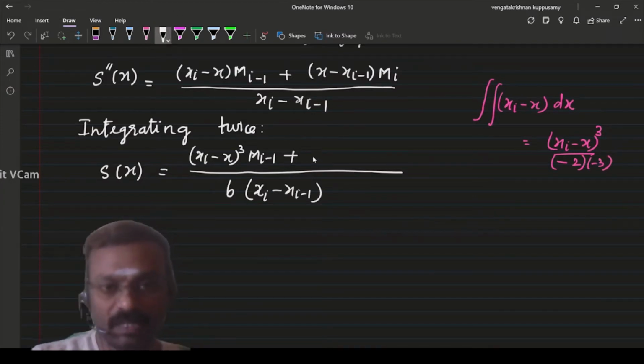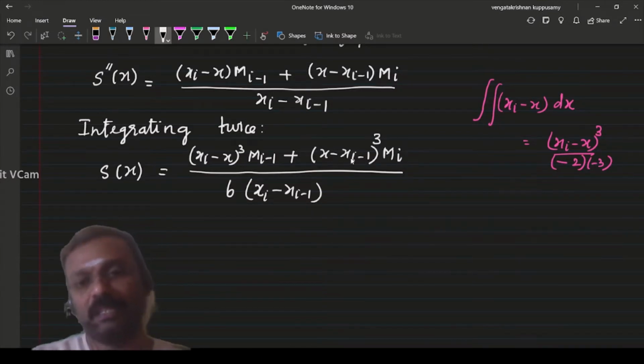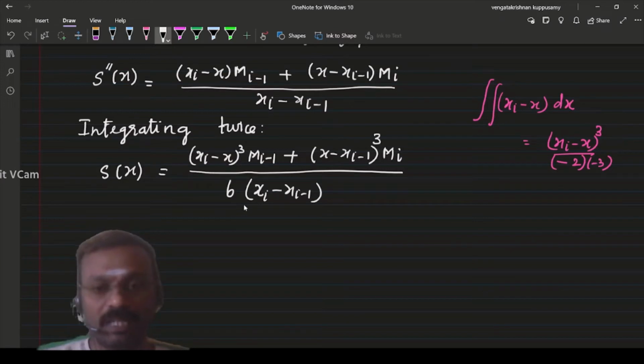In a similar manner, double integrating x minus xi minus 1 twice, we have x minus xi minus 1 the whole cube by 6. Mi minus 1 and mi are constants. And this S double dash is a linear polynomial, so S of x is a cubic polynomial.